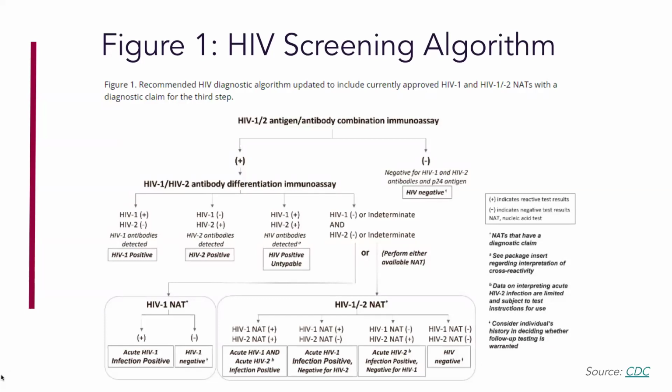And this is just a more detailed version of the previous slide, because there are either HIV-1 specific NAT tests or HIV-1 and HIV-2 combined NAT tests. If it's only HIV-1, it can only tell you if there's HIV-1 viral load present. And if it's HIV-1 and 2, it can tell you which virus is present, if it's positive, 1 or 2. Next slide.